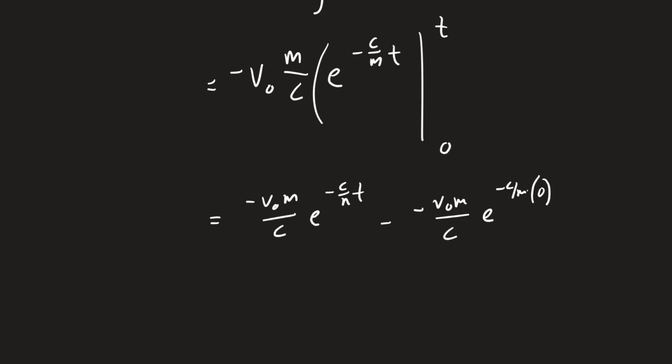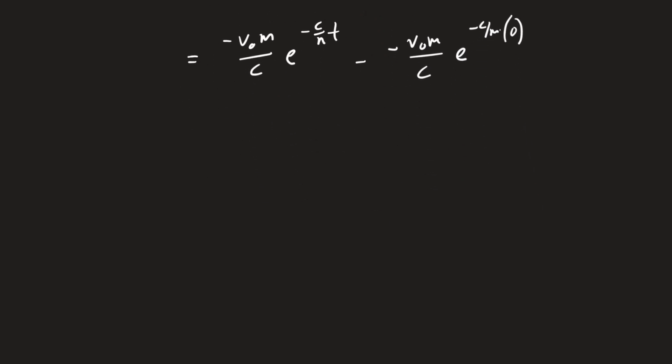And e to the 0 power is 1. So that whole term, plus the double negative there, I'm going to bring that term out front. It ends up looking like this.